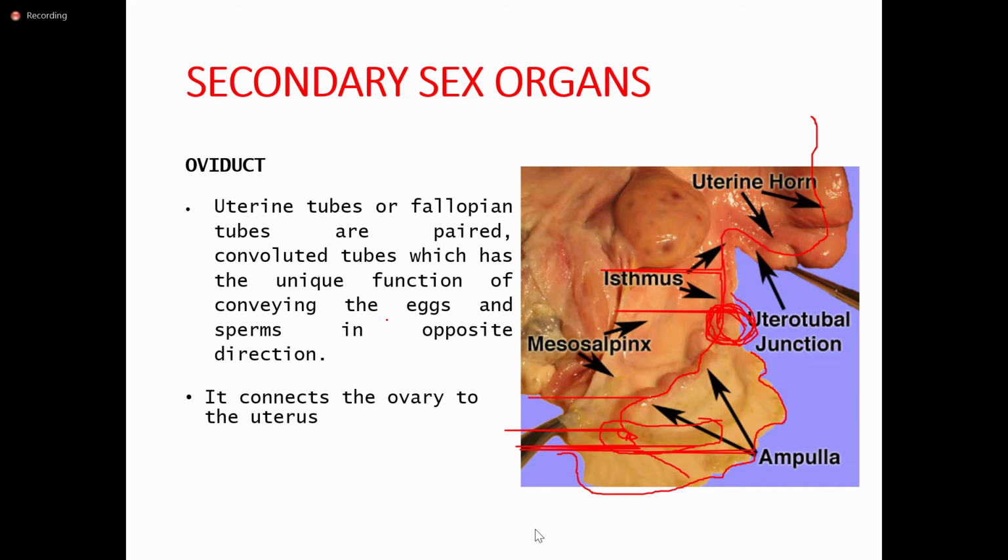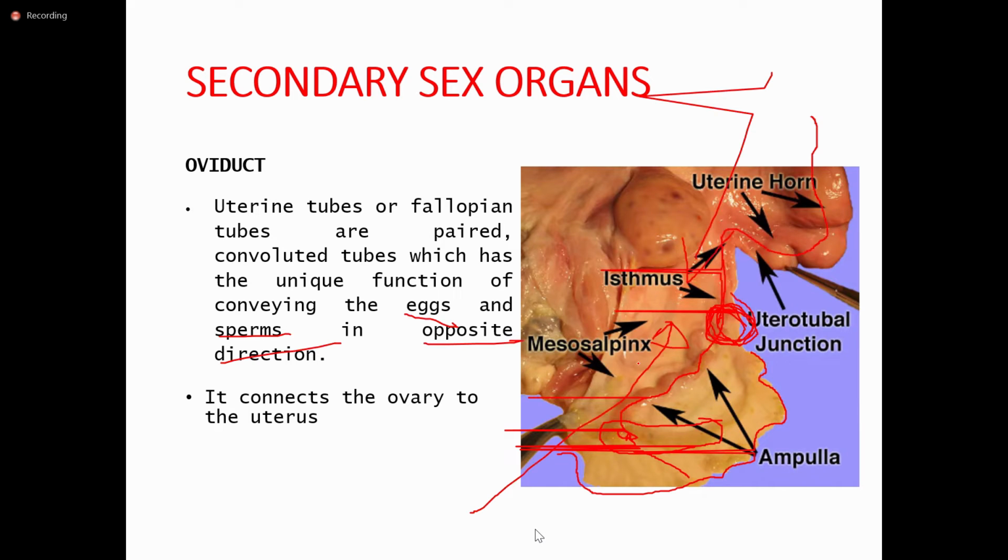Kaya ang sabi diyan, it has a unique function of conveying the egg and the sperm in opposite direction.